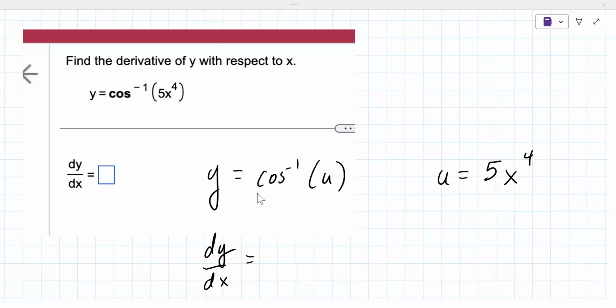Would it still be negative sine x? No, so these are in the inverse trig functions. Let me make sure I've sent you, drop another thing in the chat here. I mean, there's tons of reference sheets.